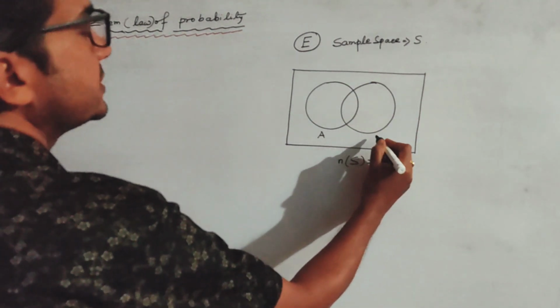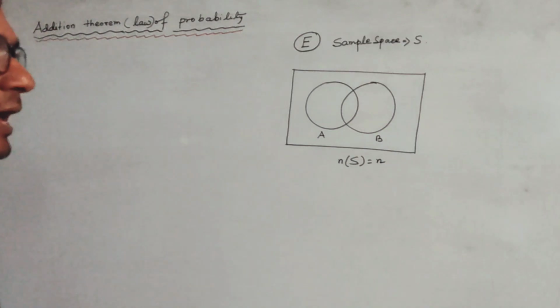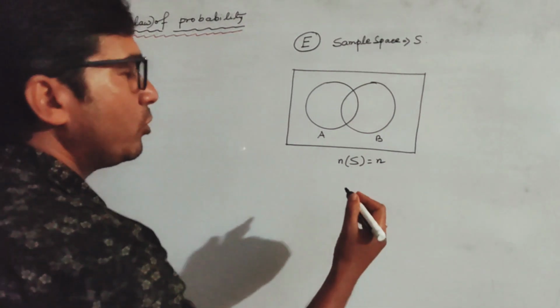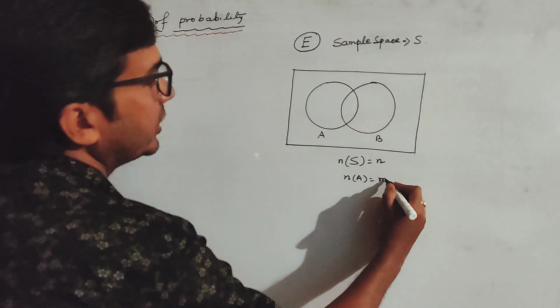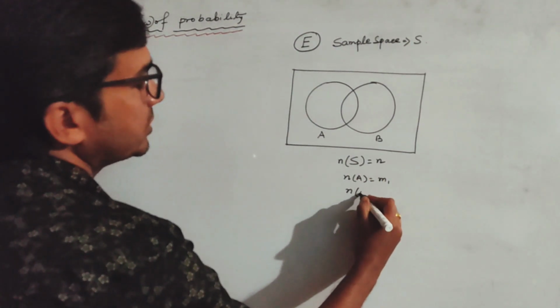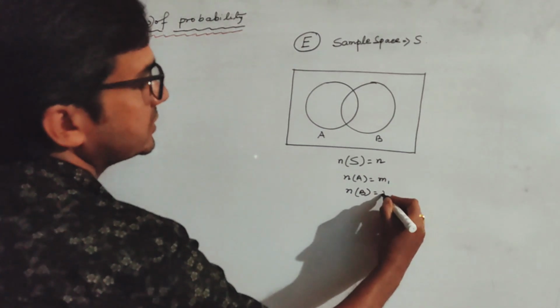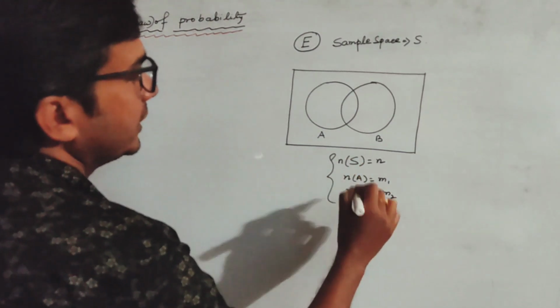And the number of sample points of A is equal to M1, and the number of sample points of B is equal to M2.